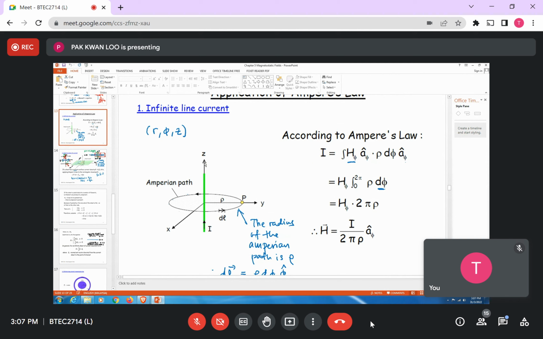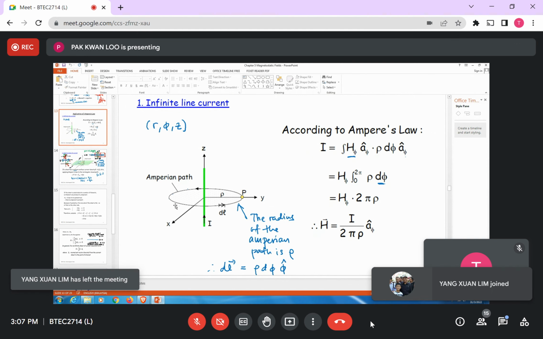So this always provides features for symmetry, and if it's symmetric, similar to what we have done for the application of Gauss's law, we can apply Ampere's law. So instead of a closed surface, we will apply a closed path surrounding the current, and that determines the direction of the magnetic field.